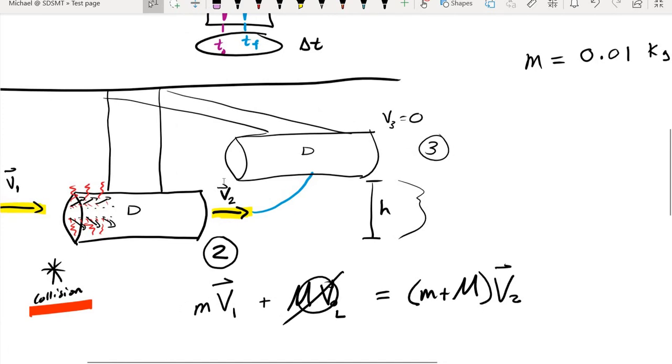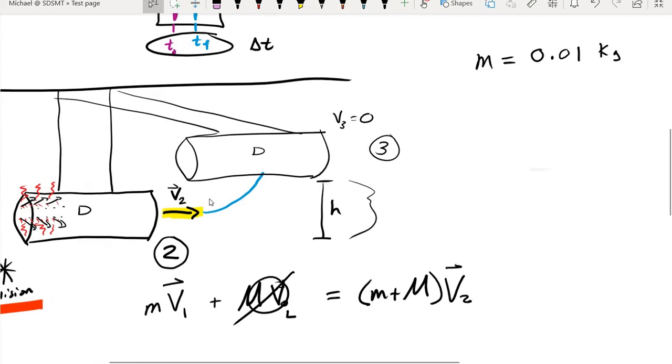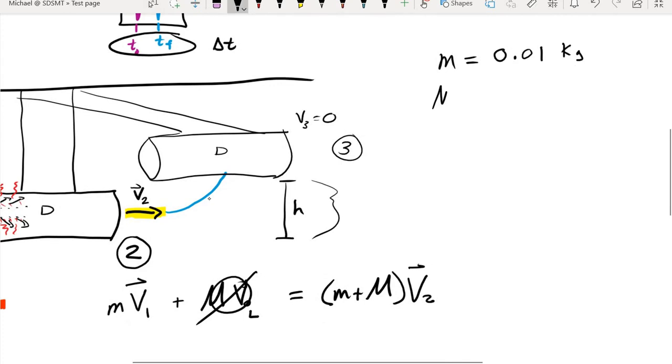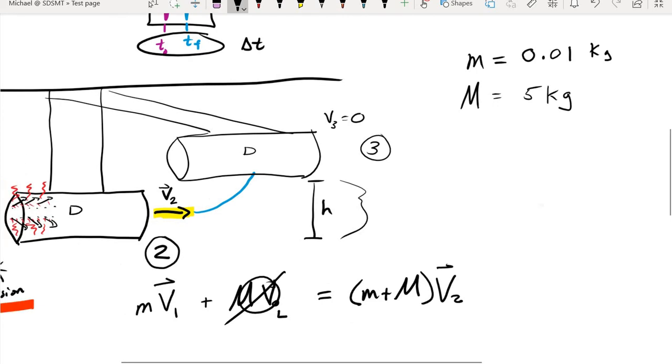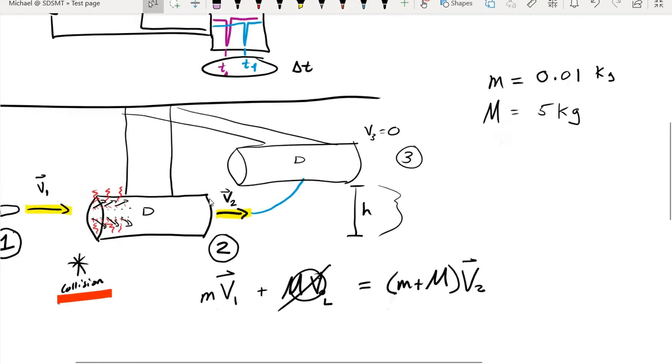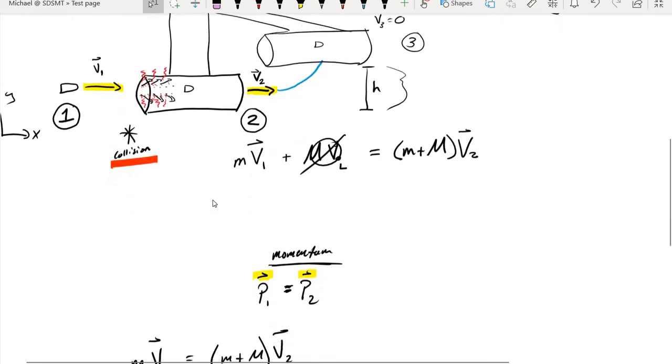Another thing that we can do is control the mass of the log, because we went out, cut the tree down, cut the segment of log, and we can measure the mass of that log. So maybe this log is 5 kilograms.